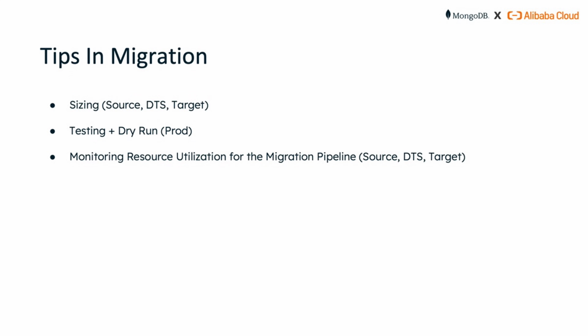And a dry run in the production or production-like environment is vital to simulate the actual cutover. And finally, monitoring resource utilization for the migration pipeline: source, DTS, and the target. We need to constantly monitor the resource usage in the source, DTS, and the target.